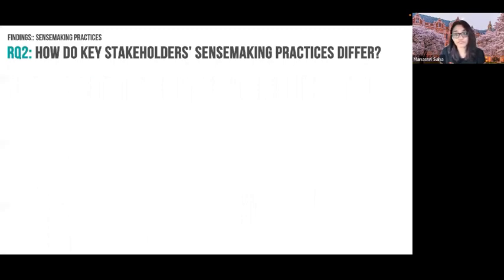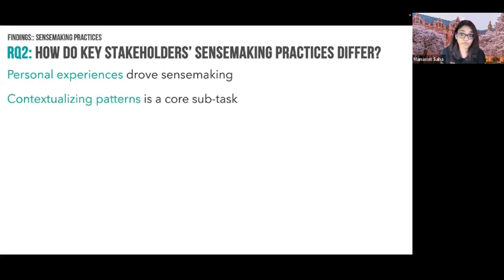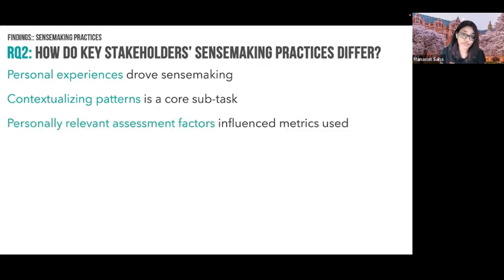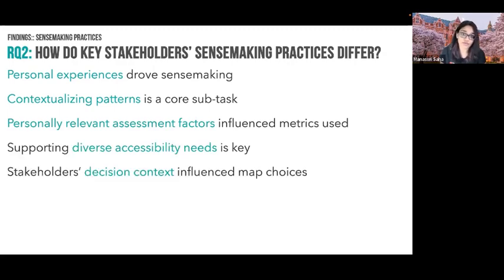Several factors influenced the stakeholders' sense-making practices, including their personal experiences that drove their process, contextualizing patterns being a core subtask, personally relevant assessment factors influencing the metrics that they utilized, and others.